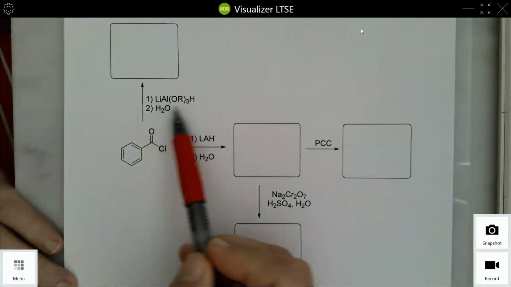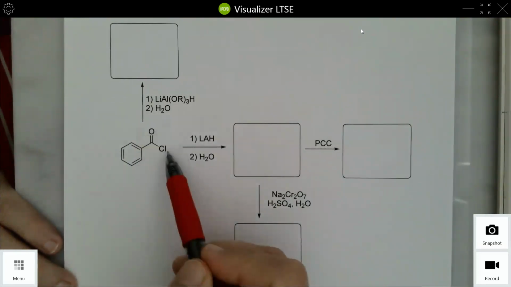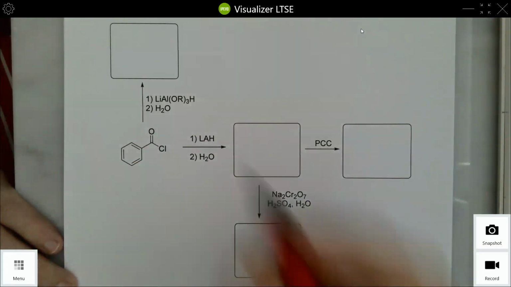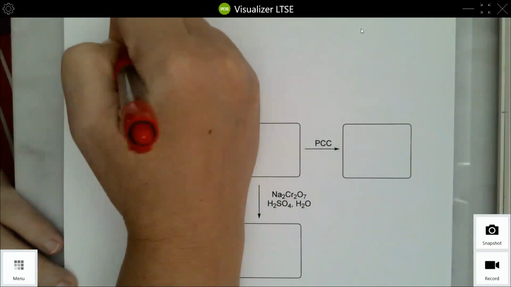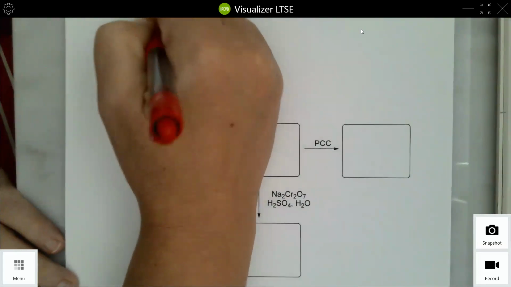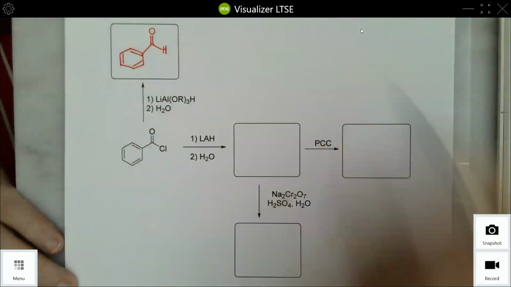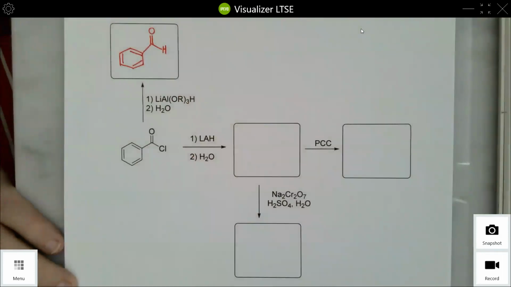Well, this is a weaker reducing agent so this reduction will stop at the aldehyde stage. We want to recognize that those conditions convert an acid chloride directly to an aldehyde, and that this reducing agent does not further reduce the aldehyde.